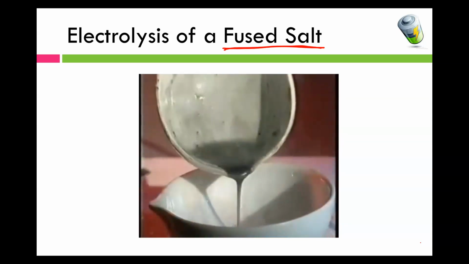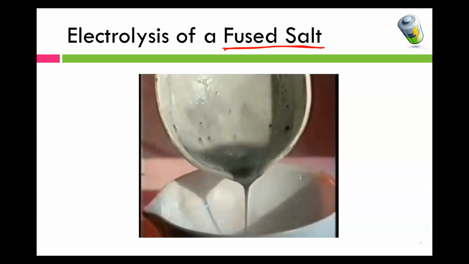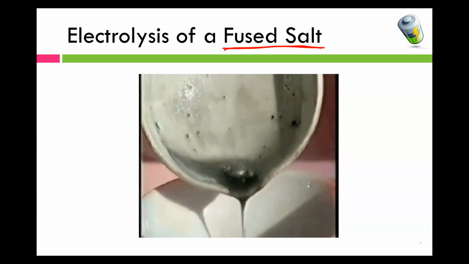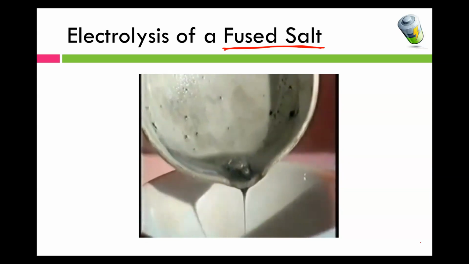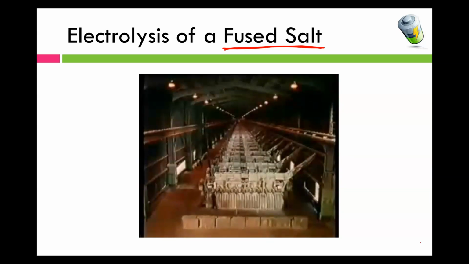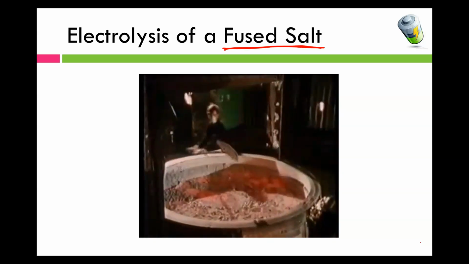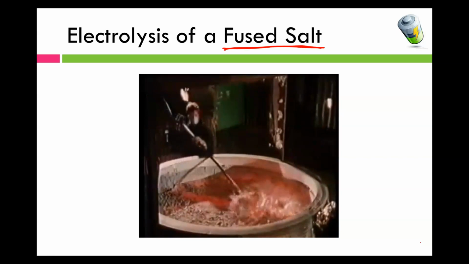But pouring off the molten zinc chloride reveals a bead of pure zinc. In industry, electrolysis is carried out on a huge scale. Massive amounts of electricity are used to extract reactive metals, like aluminium, from their ore.